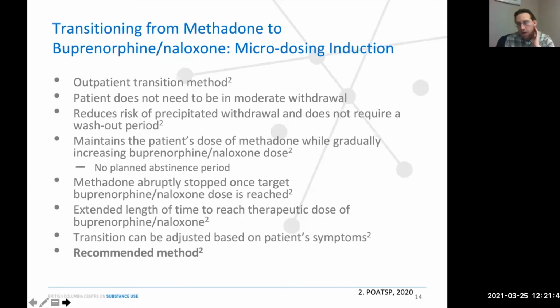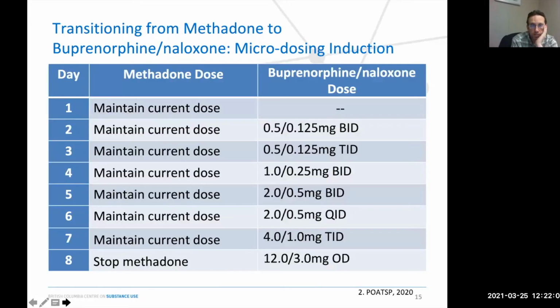And methadone has a relatively low binding affinity, and so it will be replaced over the transition period with buprenorphine. And as mentioned, transitions can be adjusted based on patient symptoms, which is really important, and this is the recommended method. So let's go to the next slide, please.